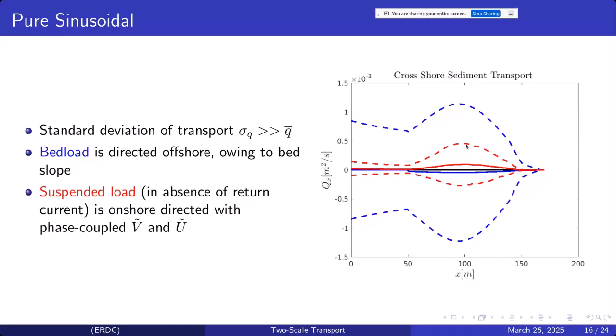I've also shown you what the standard deviations of that cross-shore sediment transport field looks like. So the first thing to note is, first of all, the standard deviation of the transport is much, much larger than the averages, right? It's like a factor of 20 for the bed load. The bed load is, it turns out, directed offshore, and that's owing, of course, to the bed slope alone, because we don't have any asymmetry in the wave field for this case.